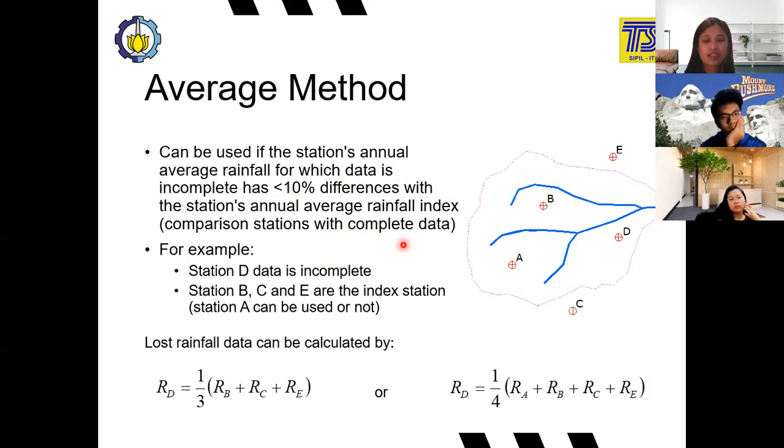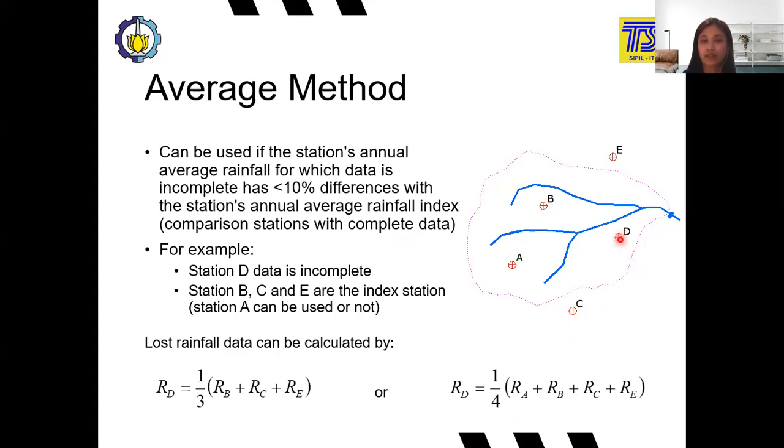In one rainfall station, the data can be different from the other rainfall station. But if the rainfall stations are located near each other, for example, here in the picture, we have 5 rainfall stations, namely A, B, C inside the watershed, and there are 2 rainfall stations outside the watershed, rainfall stations D and E. If you want to calculate the rainfall in this watershed, it is better if you use the rainfall data from all the stations.